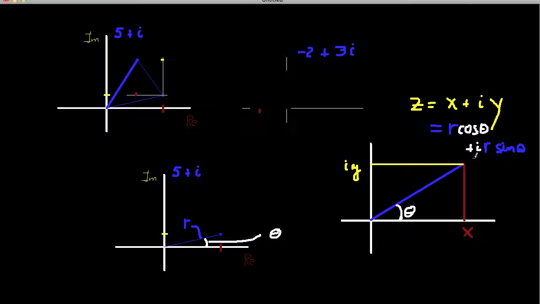Okay, so that's another way of representing it. Now you're looking at this and you say, well, how is that possibly a simplification? Well, it turns out that it is.